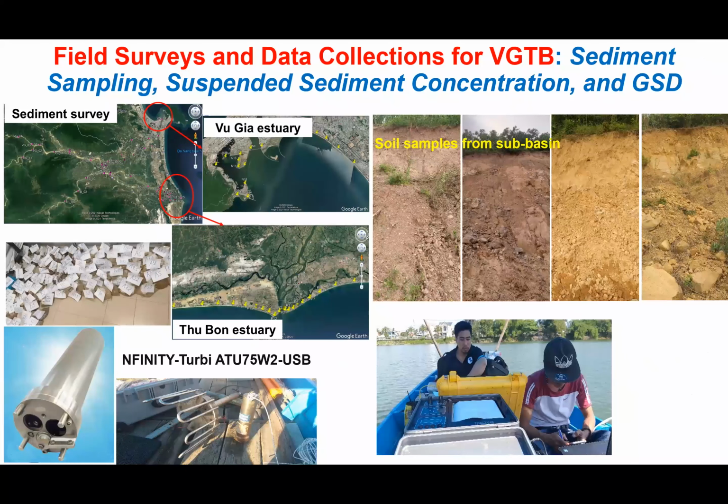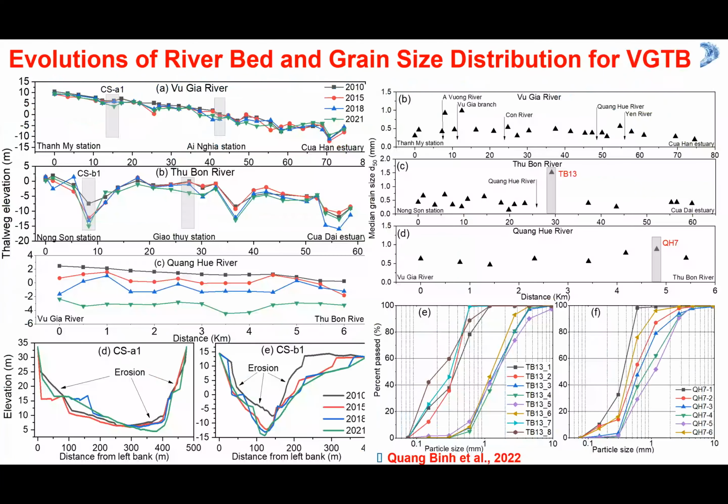We also collected lots of samples for sediment grain sizes and sediment concentration, to understand the soil type and the composition of different land use formations, in order to easily simulate this river. We need to collect lots of data for calibrating our model.